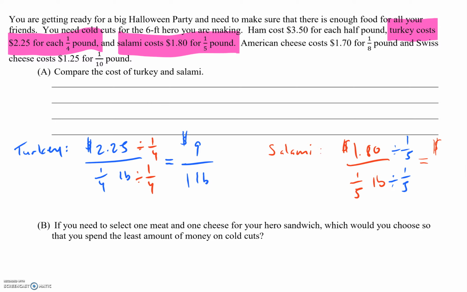And we also get $9 for 1 pound. Okay, so we see that after finding the unit rate, they basically cost the same. So question A: after finding the unit rate, we find that turkey and salami cost the same.